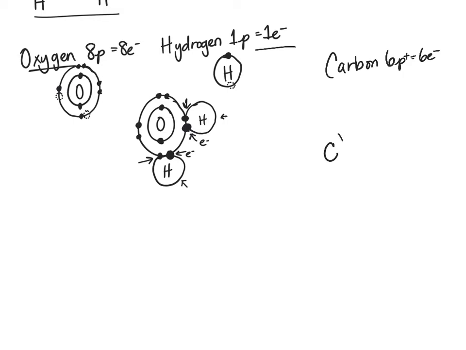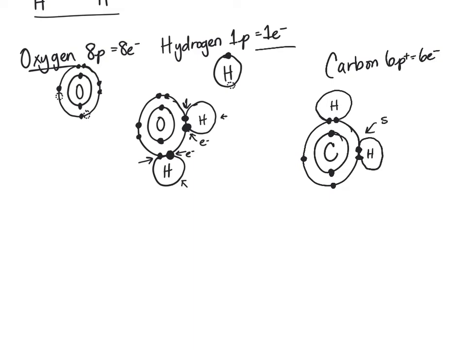So if we look at carbon, again we have its inner orbital, gives us 2, and then we have its outer, which has 4, right, because we have 6 total, 1, 2, 3, 4, 5, 6. So we're missing these 4, and then what we can see is that carbon is going to share. So we'll share with the hydrogen here, which means that we have these 2 electrons here forming a single bond. We share with a hydrogen over here, so these are single bonds.